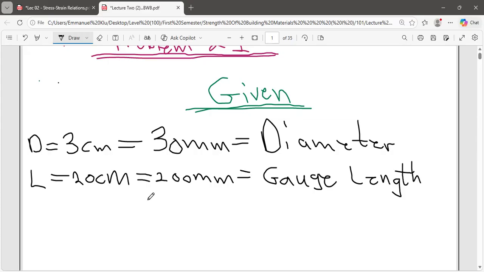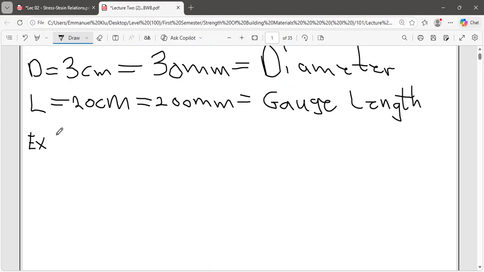Let's quickly put down our extension. Extension at load of 250 kilonewton.